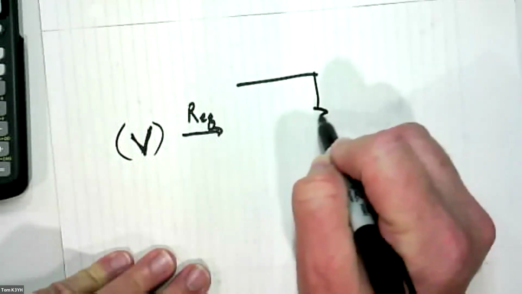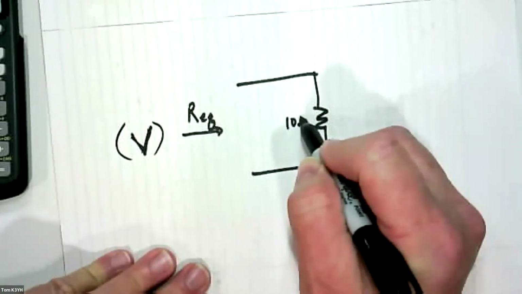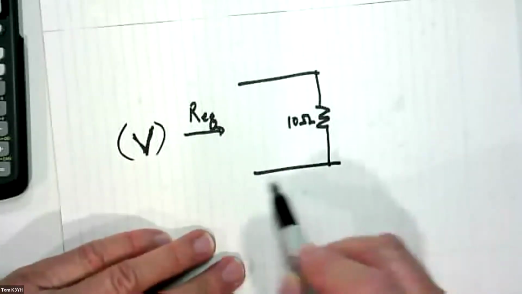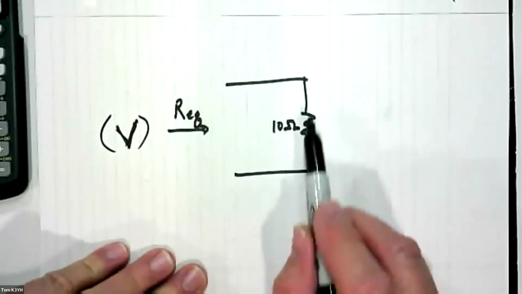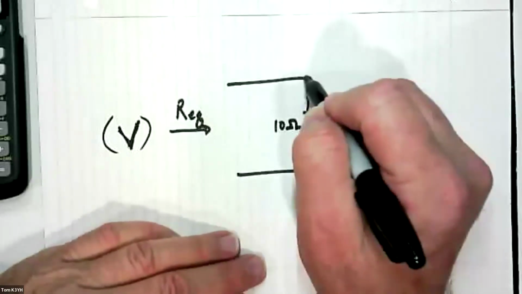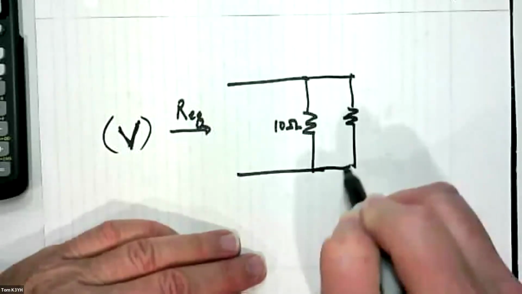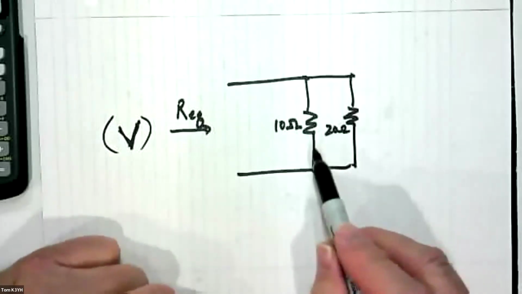And we have, firstly, a 10 ohm resistor. If I just had 10 ohms, I'd have some current coming along through here, based on whatever the voltage is. Now I'm going to add another resistor in parallel, and that's going to be 20 ohms. Doesn't matter what it is.